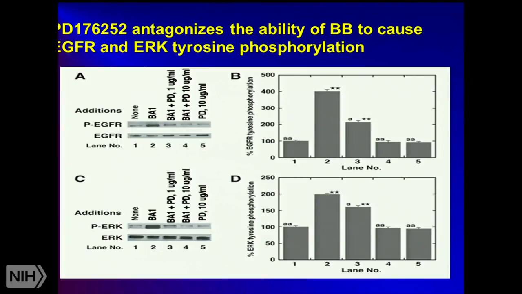And then the antagonist, PD176252, will block the increase. And when the EGF receptor gets tyrosine phosphorylated, events downstream include ERK activation, and here we see that bombesin causes the ERK activation, and the antagonist will block that as well.